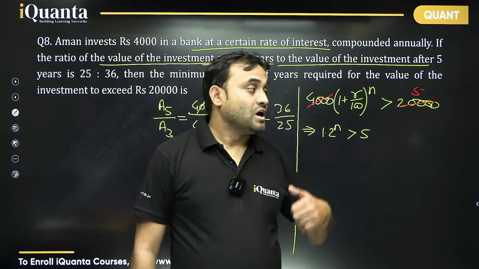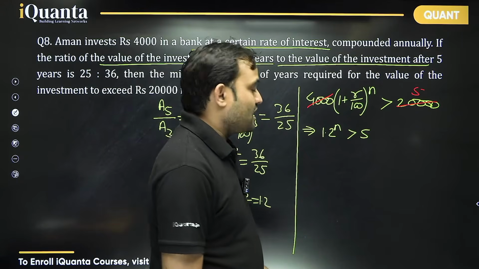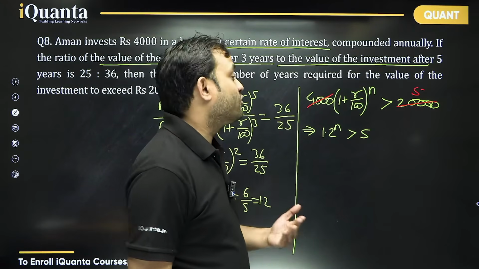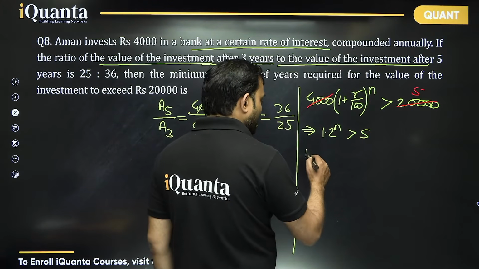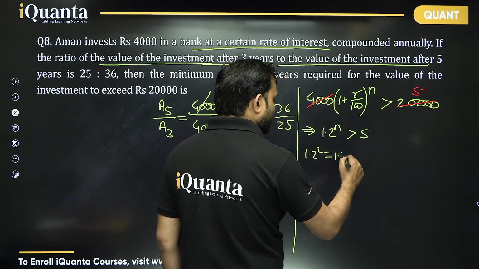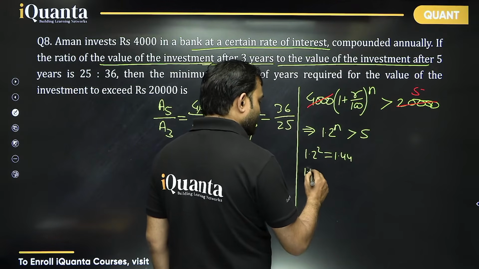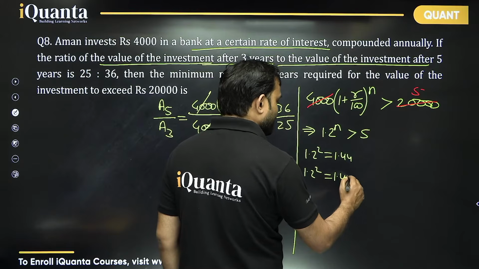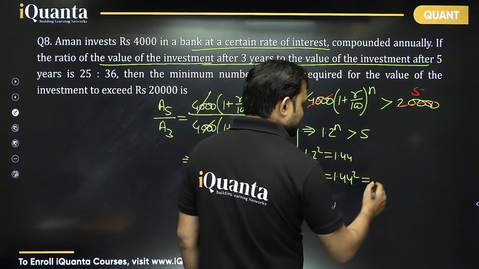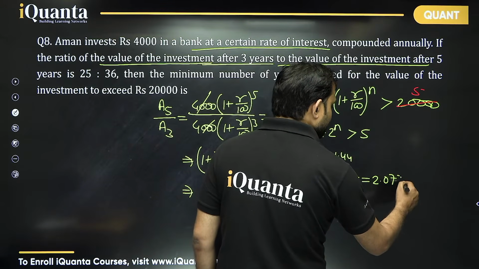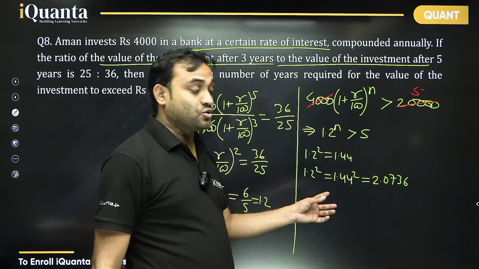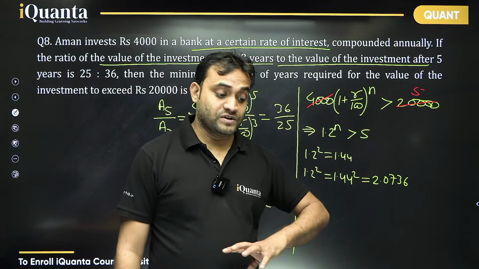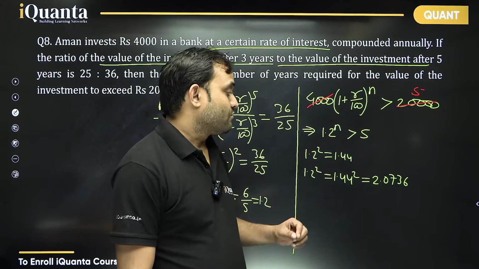But if we want to calculate it and we don't have a calculator, then how would we do this? So 1.2 square is 1.44, and 1.2 to the power 4, which will be 1.44 square, that is equal to 2.0736. For that you need to know how to calculate squares of numbers in a faster way.